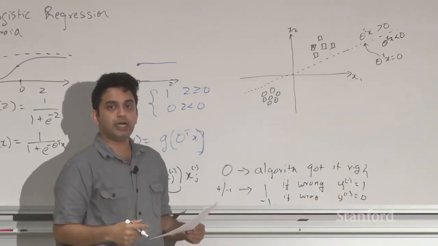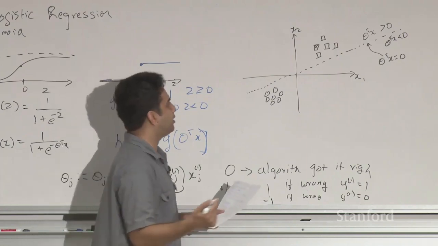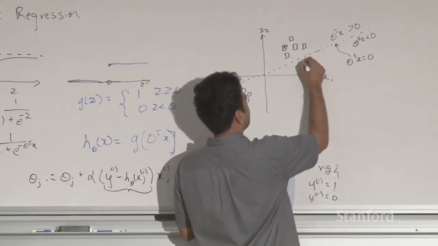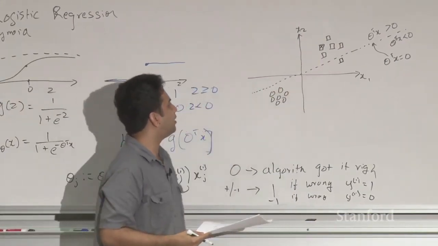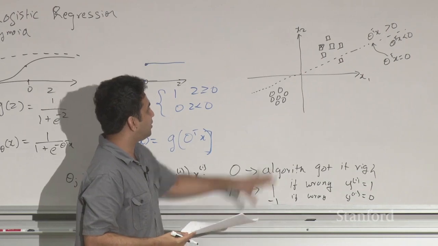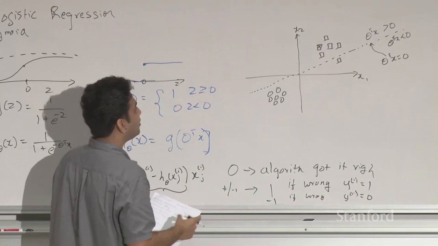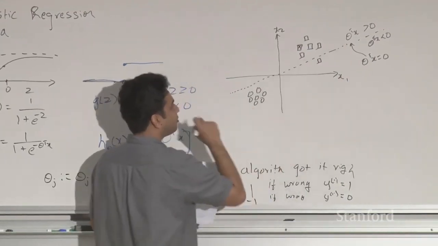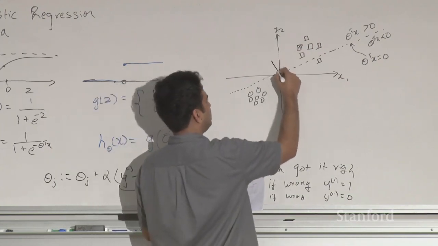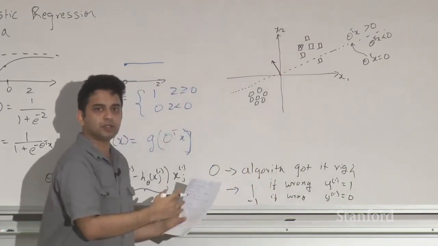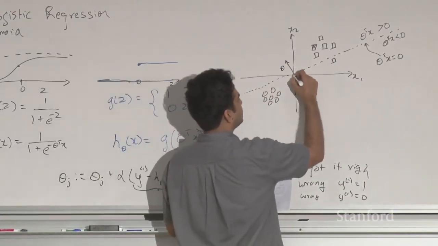Let's say the algorithm is learning one example at a time, and a new example comes in, and this time it happens to be a square or a box, but the algorithm has misclassified it. Now the vector equivalent of the separating boundary would be a vector that's normal to the line. So this would be theta, and this is our new x.